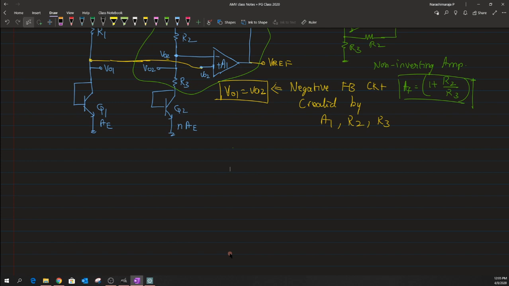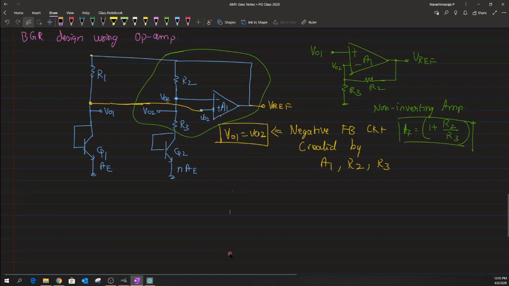So now let us try to write the value of this V out or the V reference. Because of the negative feedback, the V reference that I have here is the same as what I have here. So I could write this V reference or V out as the drop across this particular circuit, the current flowing through the resistor combination of R3 and R2.